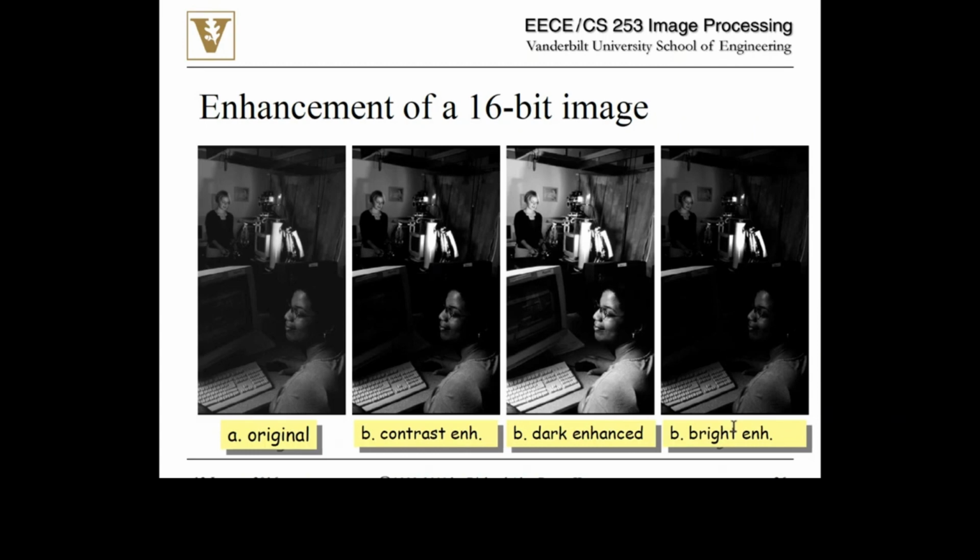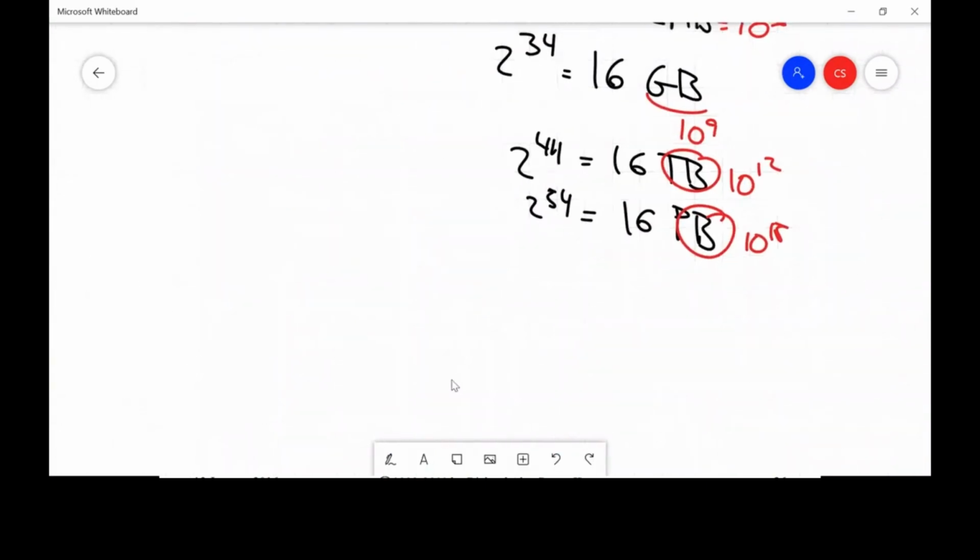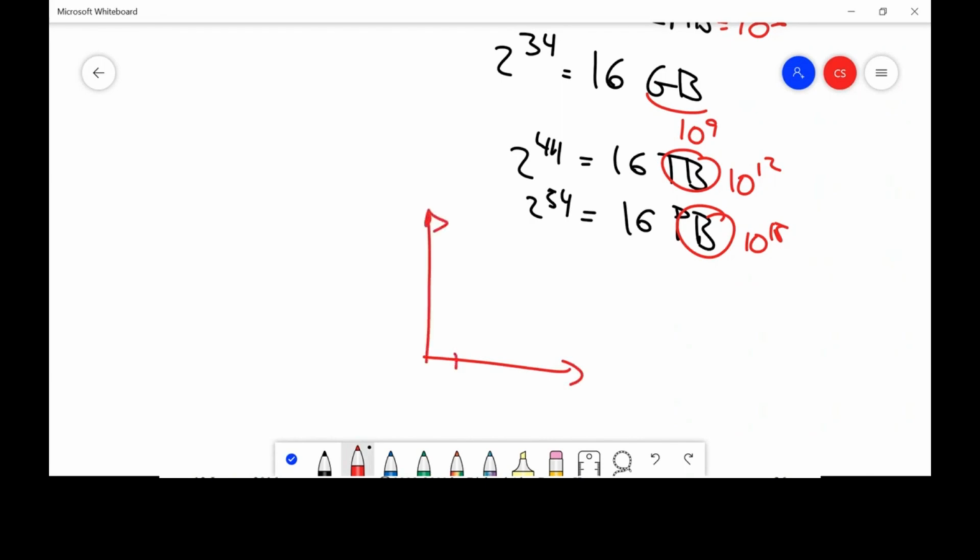The contrast enhancement, we know the way, right? It is the one that takes the minimum and maximum and maps it into 0 to 255 and computes this transformation.